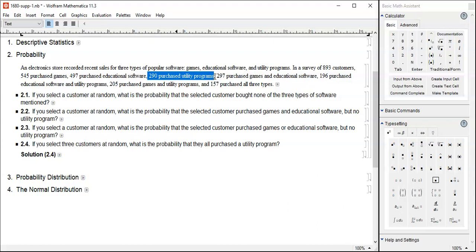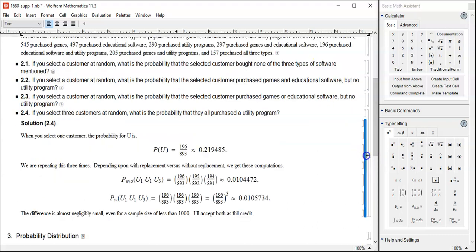If I select a person at random, what is the probability the person purchased a utility program? It is 290 over 893. But that has to be repeated 3 times. So if I select just one person, it is about 0.22 something.